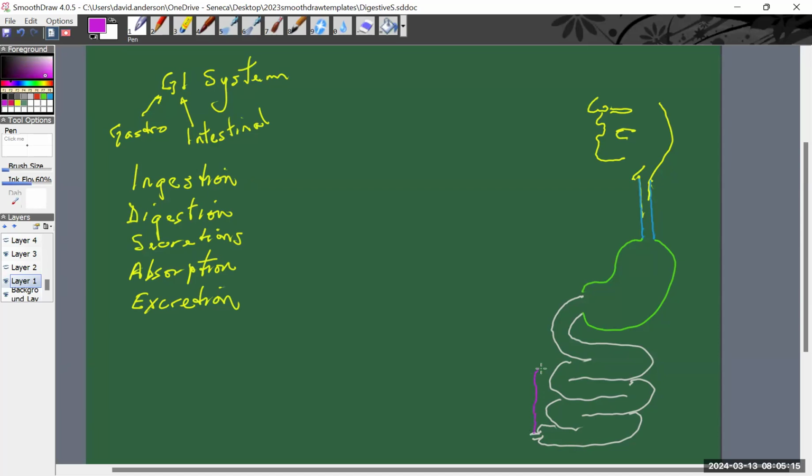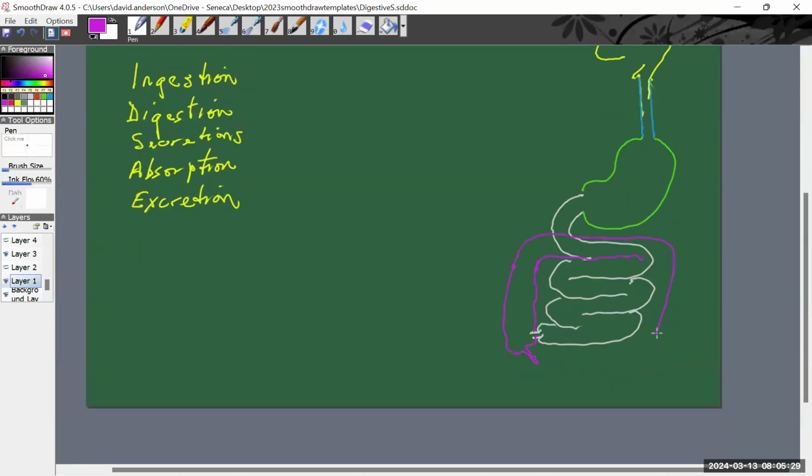And the large intestine has an ascending component, a transverse component, a descending component, and we finish at the rectum.